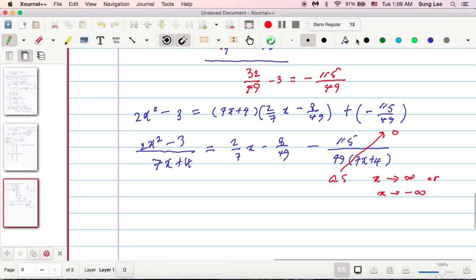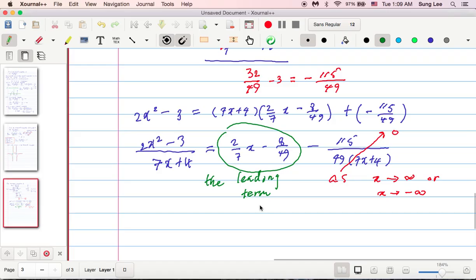So what's going to happen here is that this is going to be the leading term. For large x, in the positive or negative direction, what matters most is this term, not the other one.